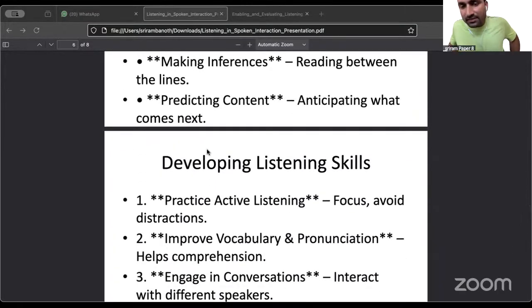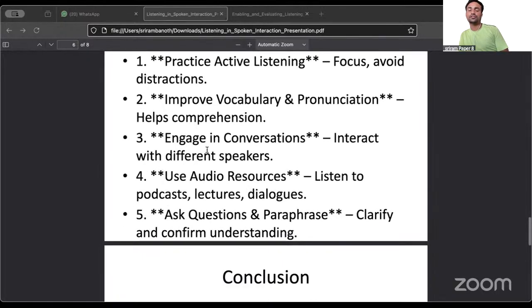Developing listening skills: practice active listening, focus, avoid distractions, improve vocabulary, pronunciation helps comprehension, engage in conversation, interact with different speakers, use audio resources, listen to podcasts, lectures, and dialogues.